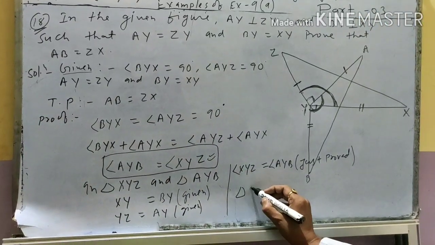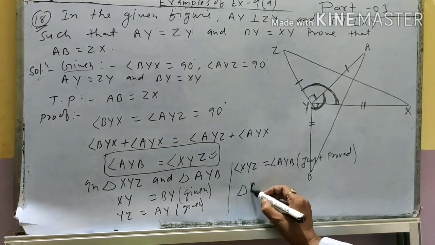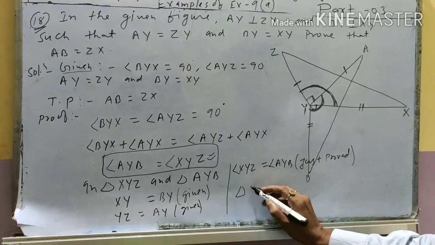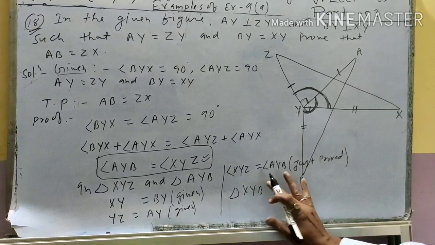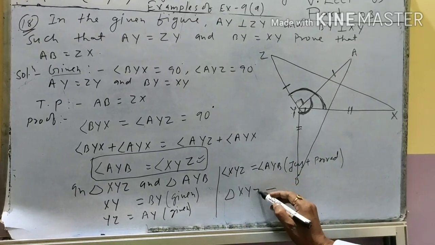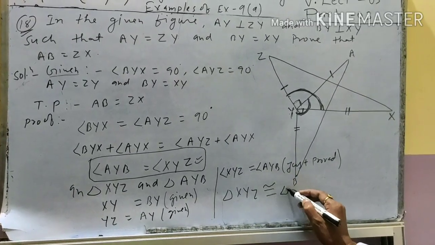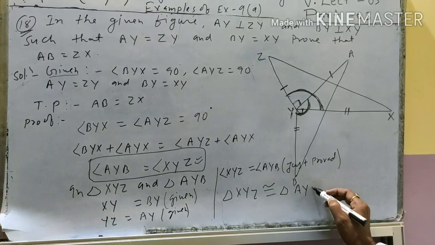So triangle XYZ is congruent to triangle AYB.